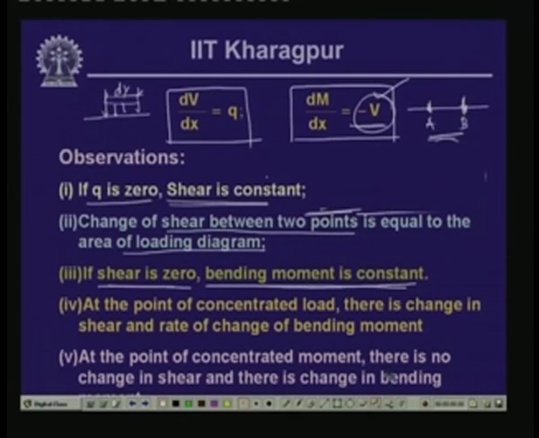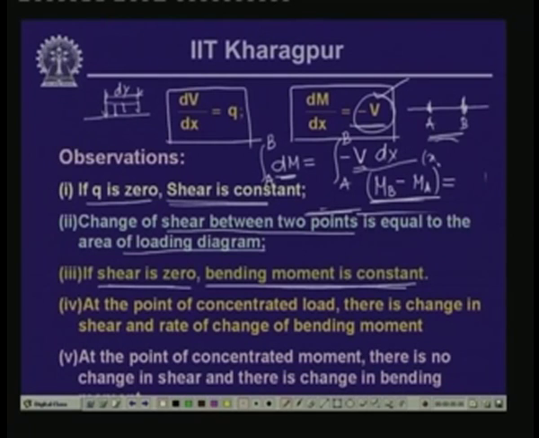Here, if you integrate again, integrate dM over the region A to B, this is equal to integral of minus V dx from A to B. Now, integral dM from A to B is the bending moment at B minus bending moment at A. So, the differential bending moment between B and A is nothing but equal to minus integral V dx, where V could be a function of x as well.